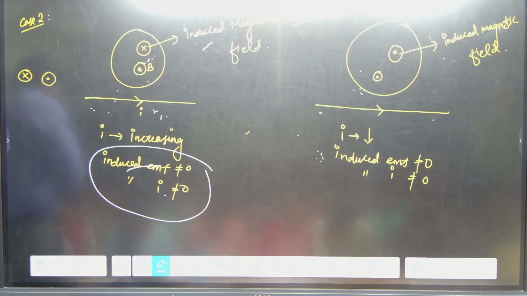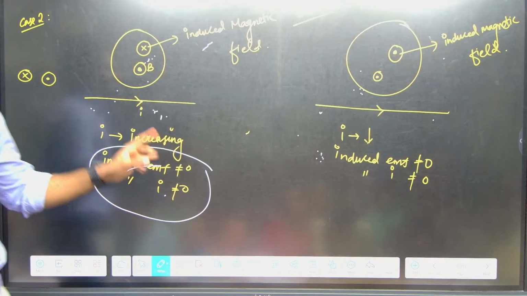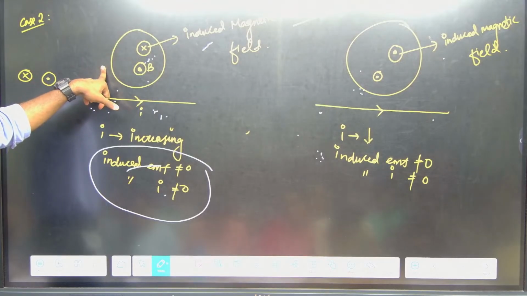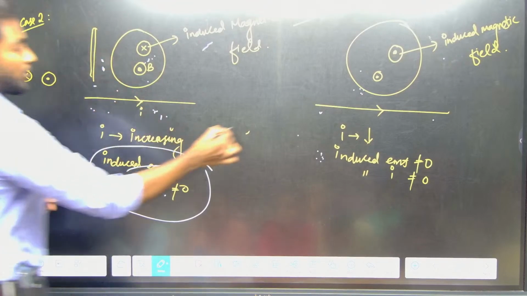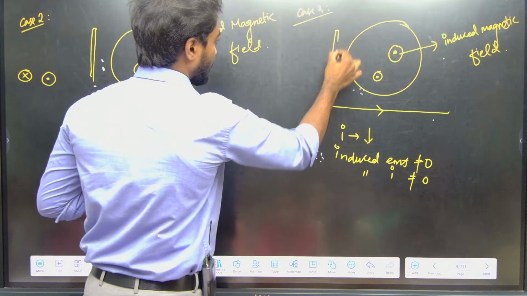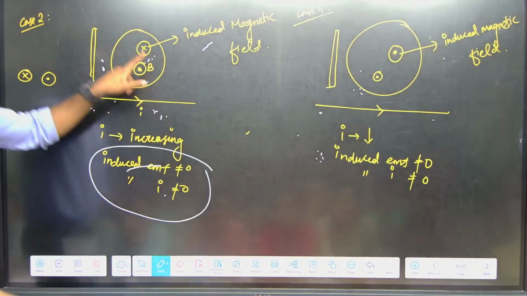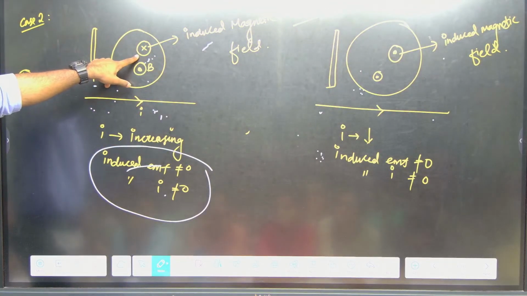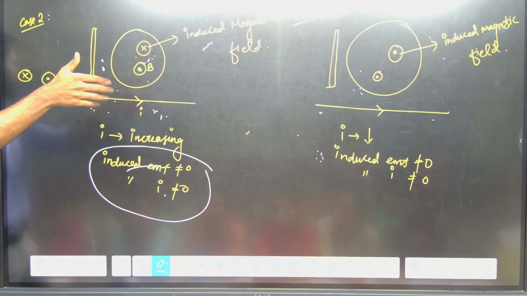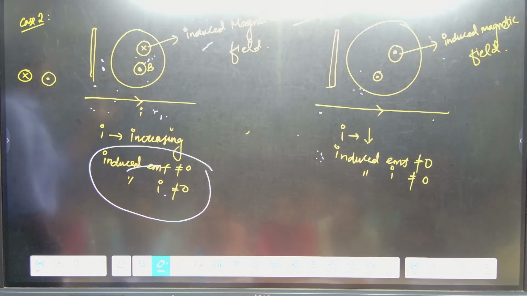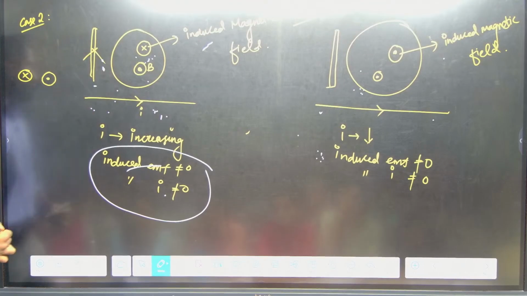Okay, so now you have taken these two examples, where I have taken the two conductors in a circular shape. Now let me consider a rod for both cases. For the first case, the induced magnetic field is inward, so I need to keep my palm in the inward direction. So what is the direction of the current? Upward. So this is my direction of the current.